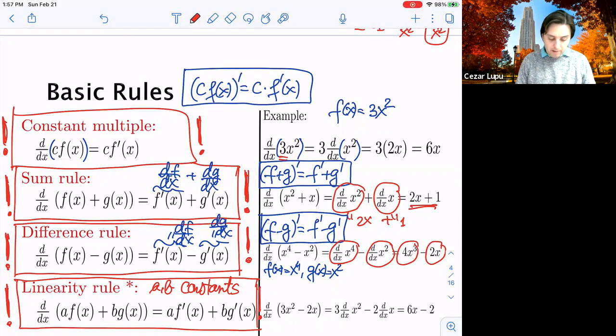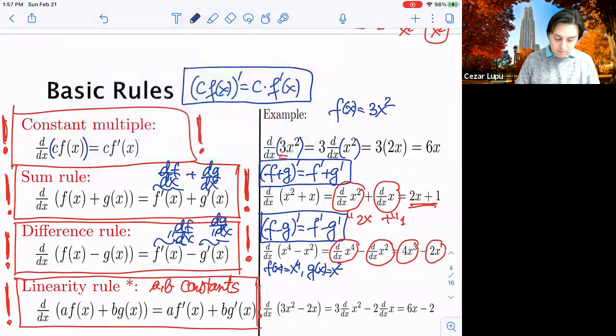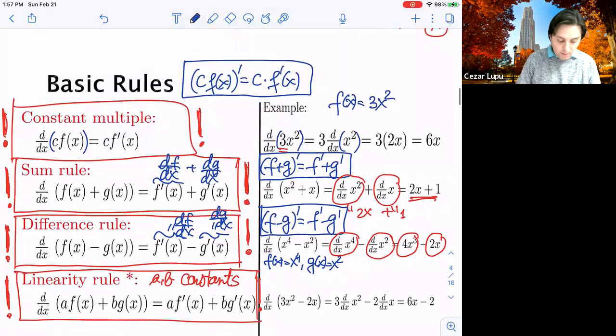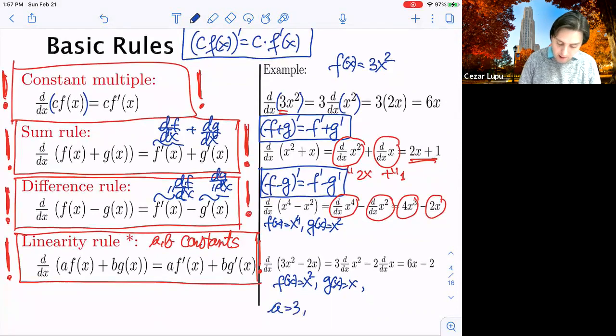As an example here, we can take these two functions. Let's take f to be x squared and g to be x. And these constants will be, let's say, a will be 3 and b will be, let's say, -2.